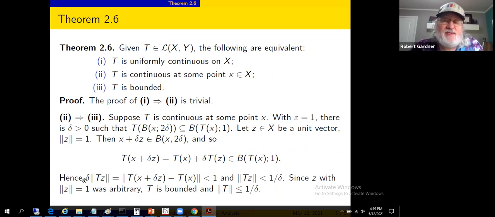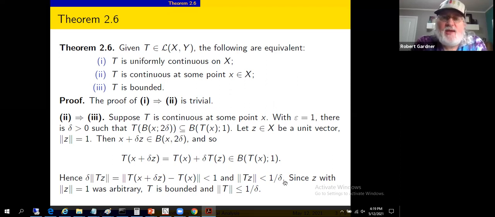I know delta times T of z is within a distance of 1 of T of x. So we get this difference in norm to be less than 1. And the conclusion to draw from that is delta norm T of z less than 1. Divide both sides by delta, get norm of T of z is less than 1 over delta.